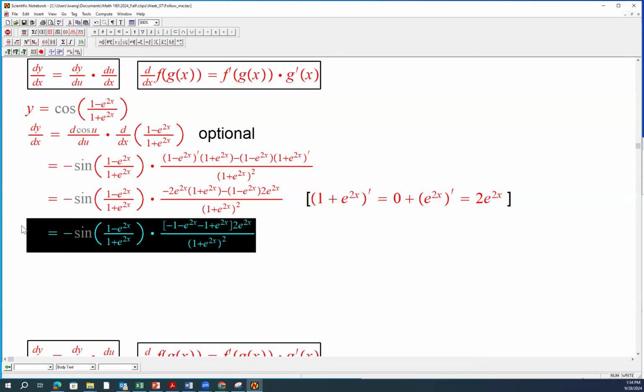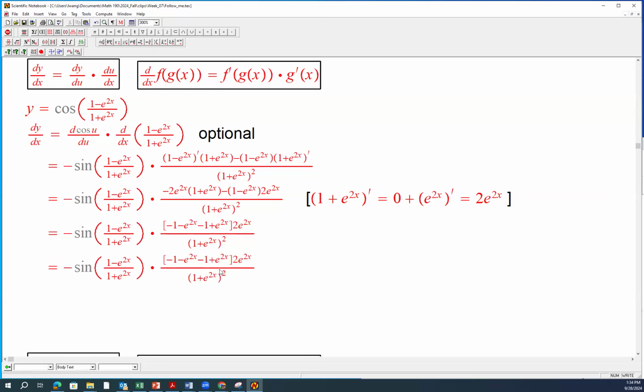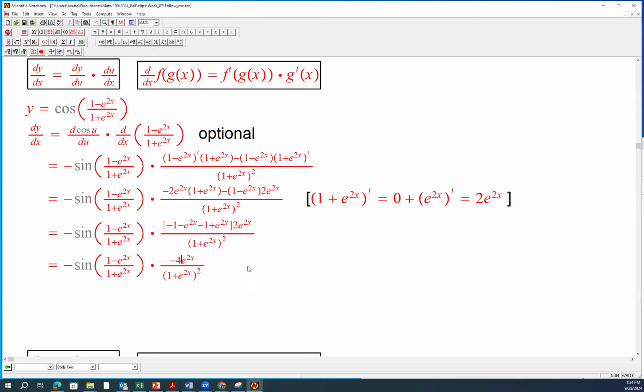And reduce: positive e to the power 2x, take away negative e to the power 2x. And this will make -2. -2 times 2 is -4. When we write it this way, it's all right.